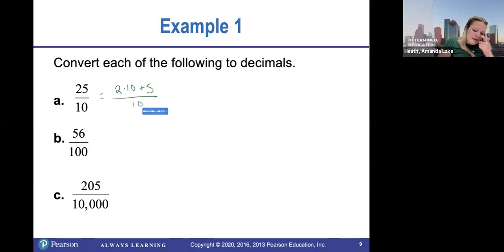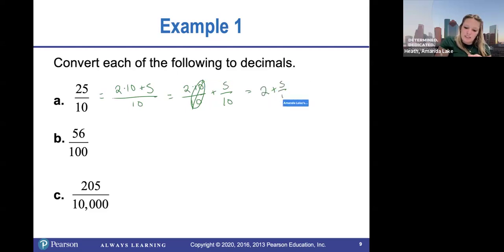So I can rewrite that number in our base 10 format here. And then I can split up my fraction. So I have 2 tens over 10 plus 5 over 10. And these tens will cancel out because 10 divided by 10 is 1. So I have 2 plus 5 over 10. So that tells me that this is 2 and 5 tenths.